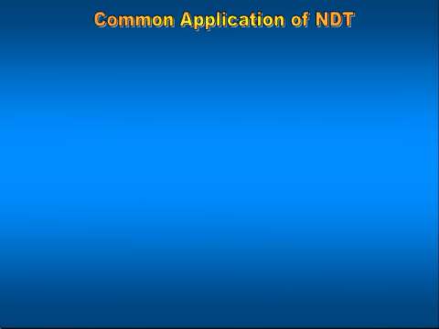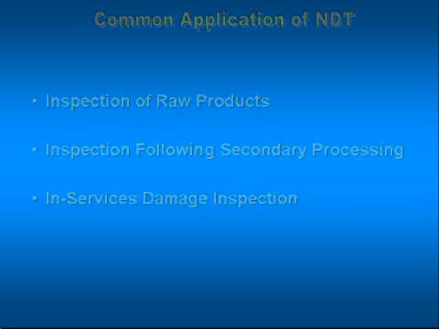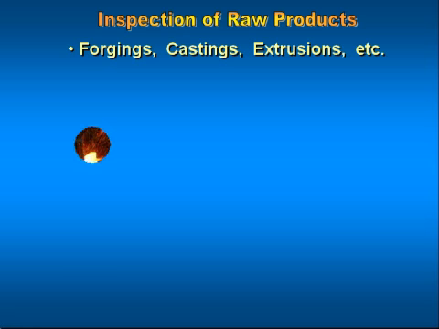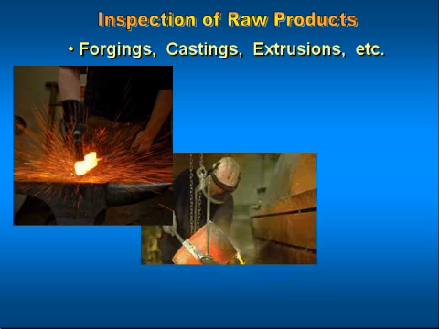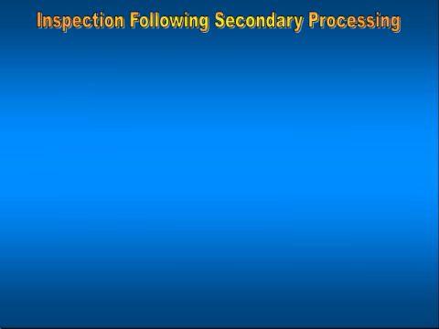Common applications of non-destructive testing include inspection of raw products, inspection following secondary processing, and in-service damage inspection. Some of the raw products that are inspected using non-destructive testing include forgings, castings, extrusions, etc. Inspection following secondary processing.